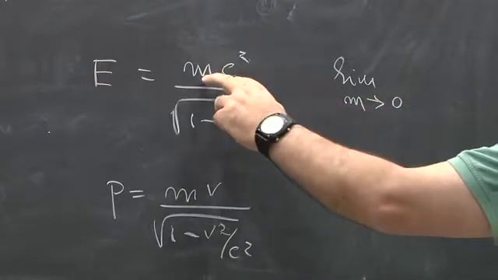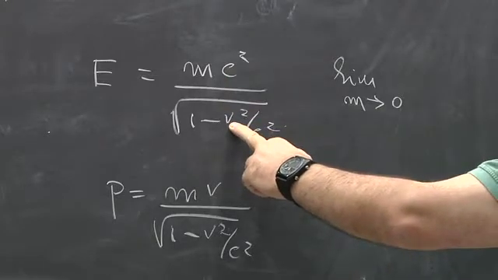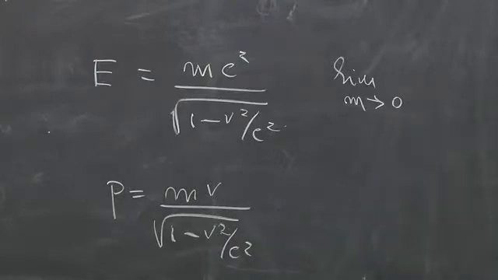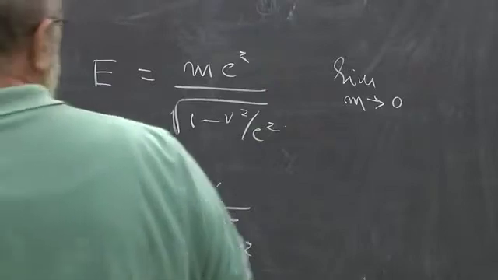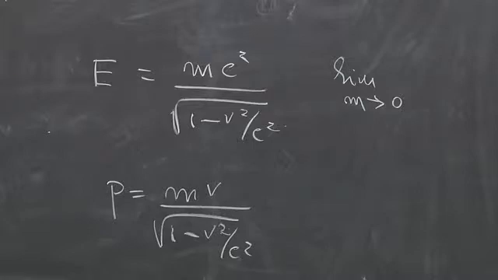In fact, if I send m to 0 but at the same time I send v to c, I get 0 over 0, and that limit can be different from 0. It is better to insert that relation here.